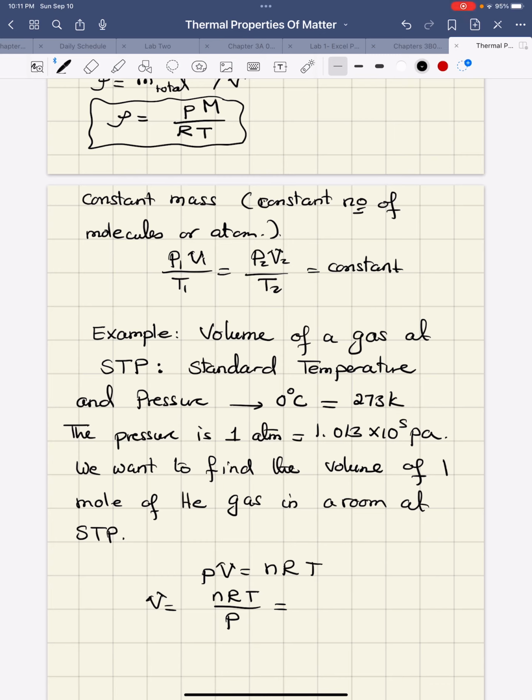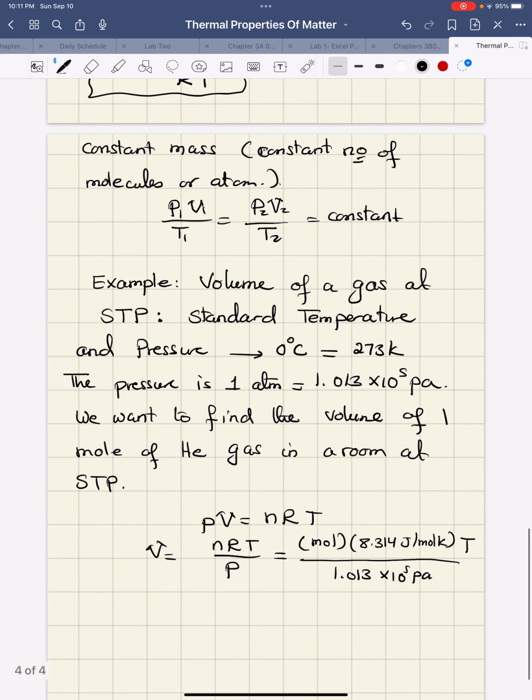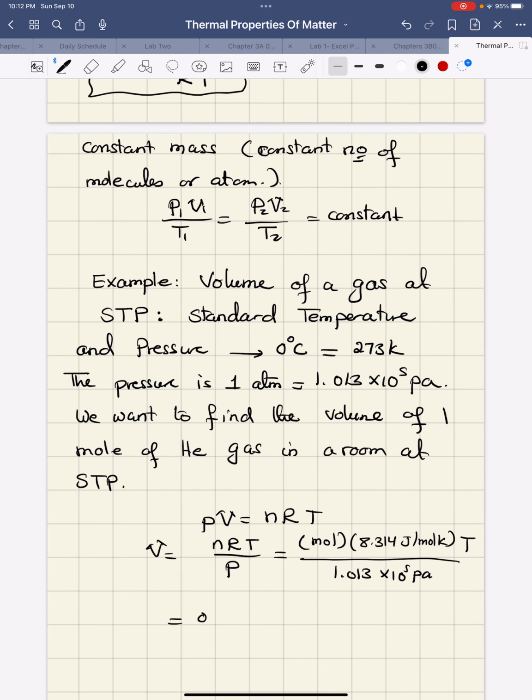That is going to be 1 mole, T here using the standard units, 273, divided by 1.013 times 10 to the 5 pascals, and that is going to be 0.0224 cubic meters, which is 22.4 liters.